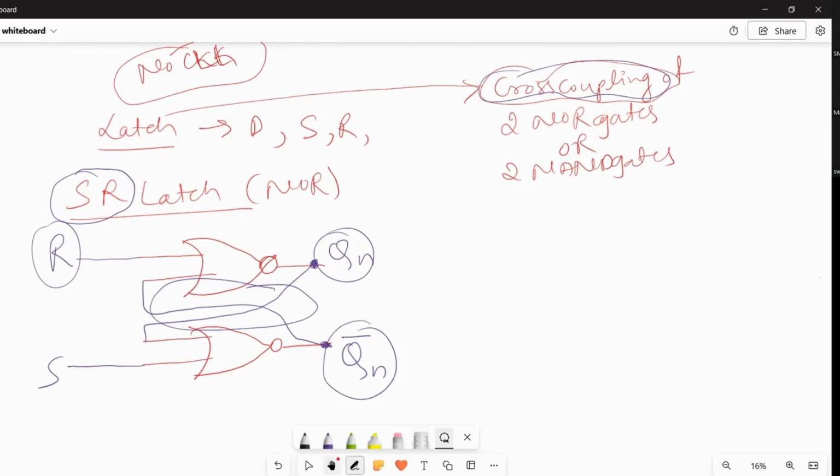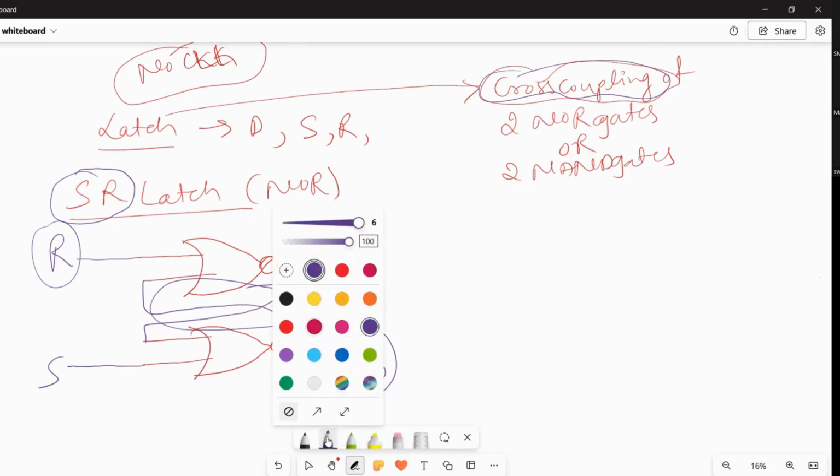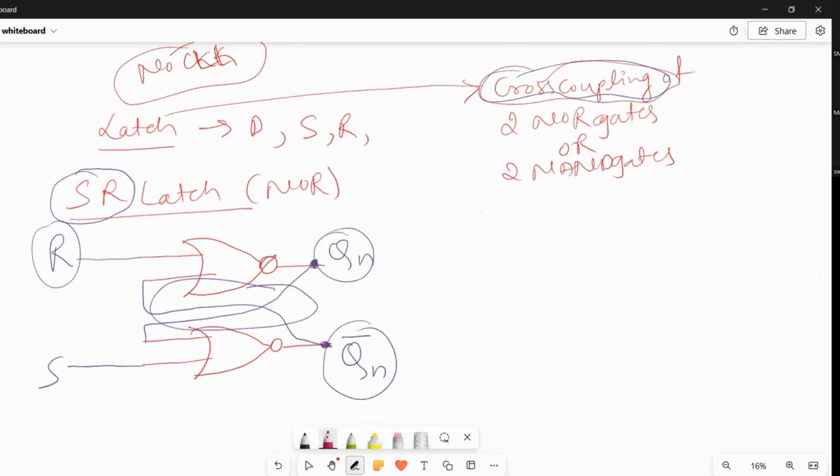Next, the symbolic representation. This is the logic diagram, or logic circuit. Logic symbol means what?